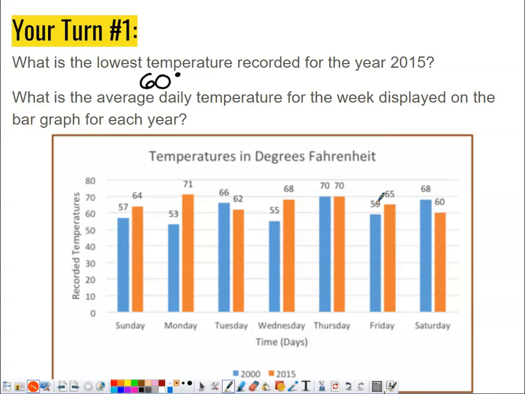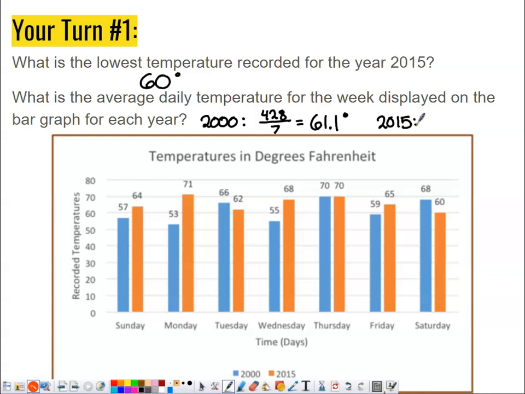So for the year 2000, when I add those all together, I get a sum of 428. And then we have to divide by 7, right? So that is equal to 61.1 degrees, okay?